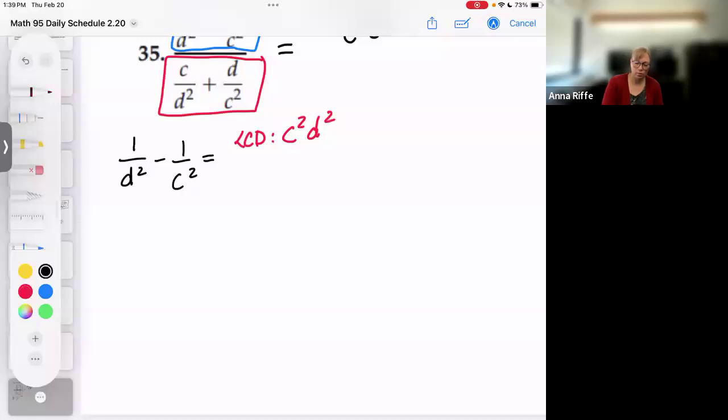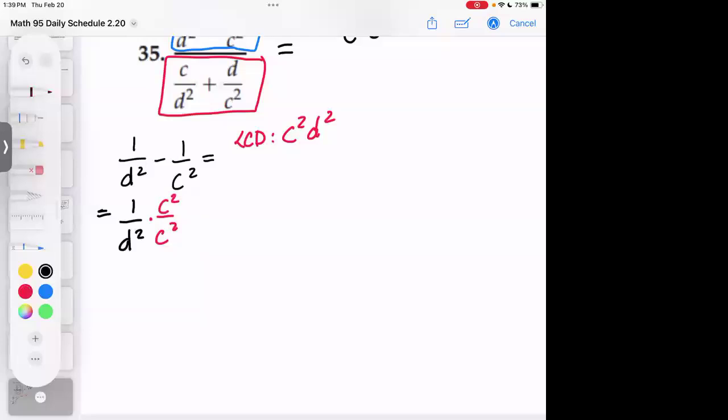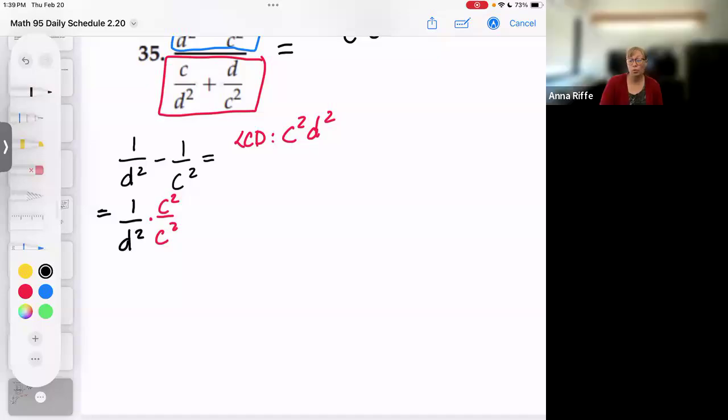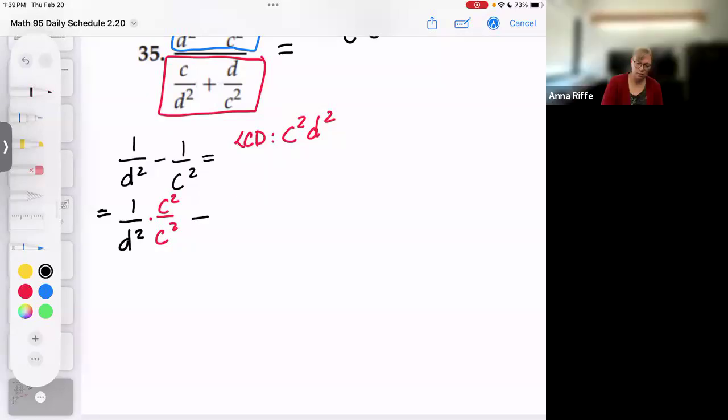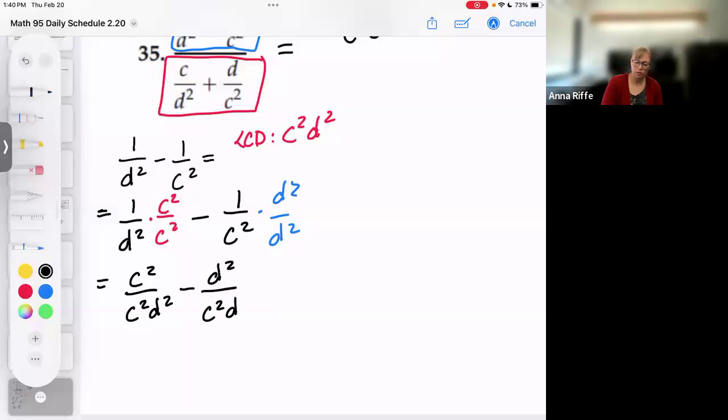So as we are rewriting everything with that denominator, we could write everything out vertically. We're on the bottom half now, right? I'm rewriting the top out vertically, sorry. Minus 1 over c squared times d squared over d squared, which is equal to c squared over c squared d squared minus d squared over c squared d squared.